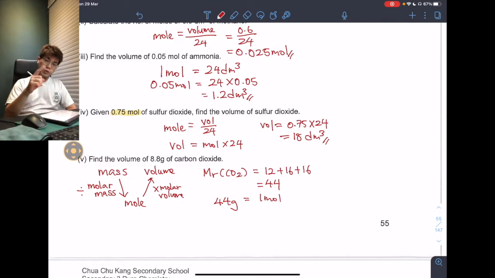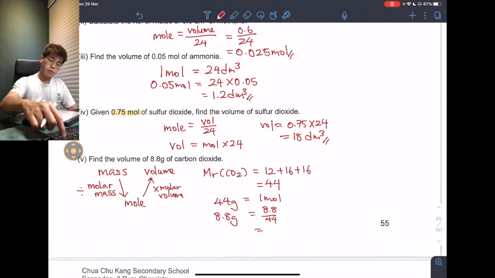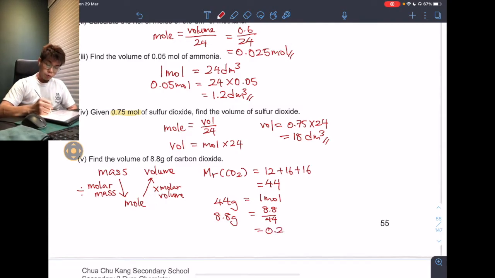Now I have 8.8 grams of carbon dioxide, which is equal to what? It's 8.8 divided by 44, and my calculator says that is 0.2 moles.